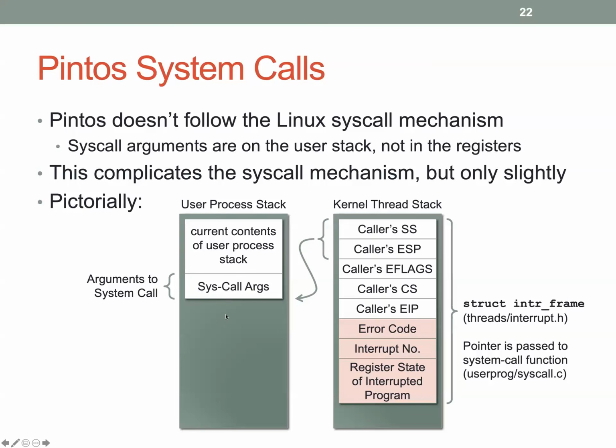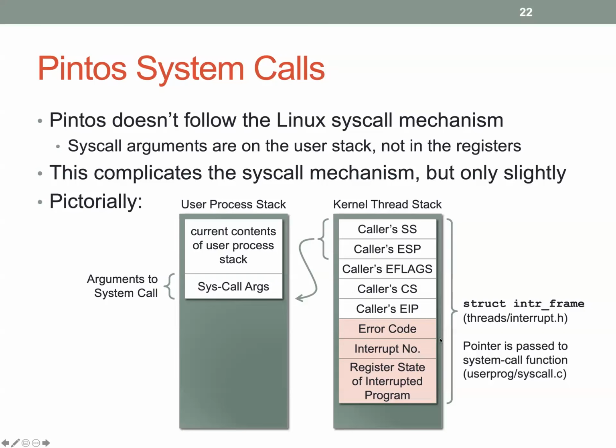It's going to do int $0x30 because that's the Pintos interrupt service routine for traps, for system calls. And you're going to end up with a kernel thread stack that looks like this. Stack segment, stack pointer, pointing back to the user mode stack, the flags register, the instruction that was being executed when the trap occurred, error code and interrupt number.